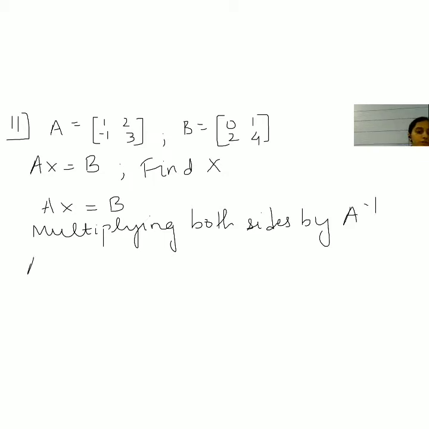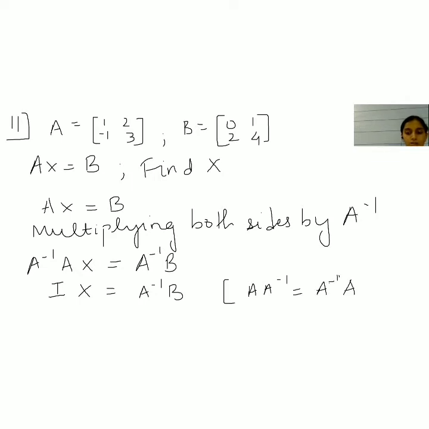So A inverse A X is equal to A inverse B. A inverse A is I, so I into X is equal to A inverse into B. This is the rule we had done while doing the inverse of a matrix: if you multiply a matrix with its inverse, then the answer is an identity matrix, right?